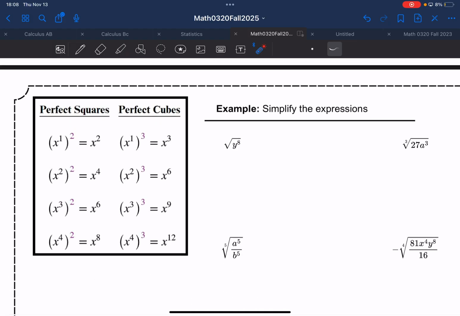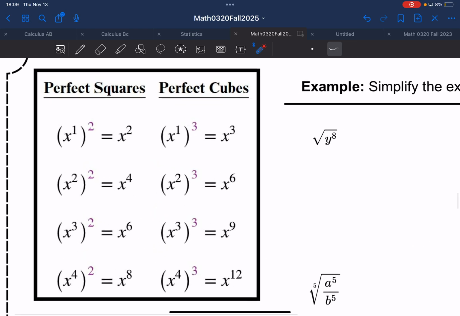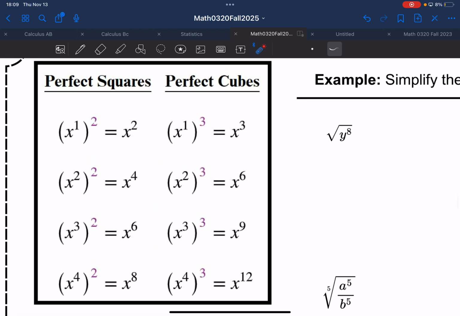So now we're going to look at more examples where your nth root does not match your exponent. And then notice here I give you another nice little box of what it means to be a perfect square or a perfect cube. So we kind of talked about perfect squares already when we learned how to factor perfect squares. So you guys know that the perfect square, x squared, is the same as x times x.